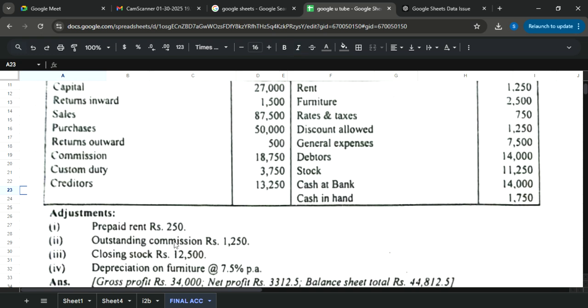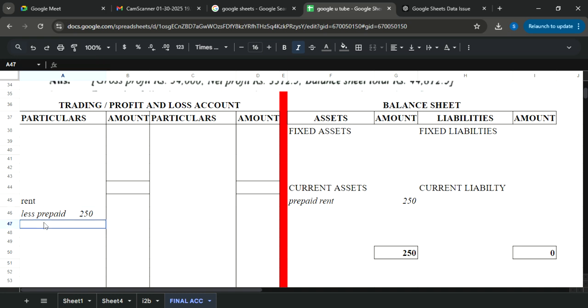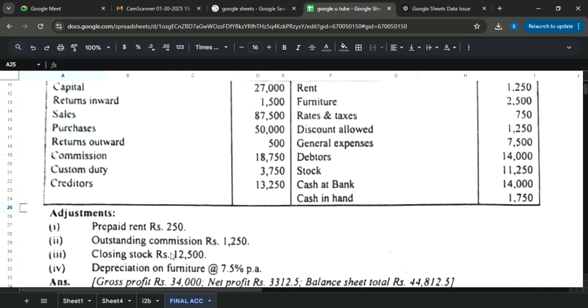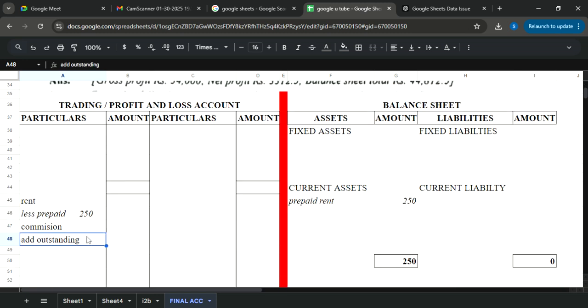The second is outstanding commission. Here you have commission on the upper side. So you will come over here again and write commission, and outstanding commission is to be added. So here you will write outstanding, and let's see how much the outstanding commission is. Read over here, outstanding commission is 1250. So here you will write 1250 as your outstanding commission.